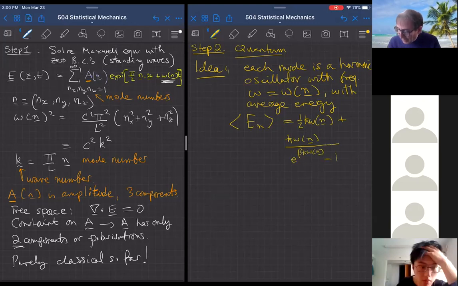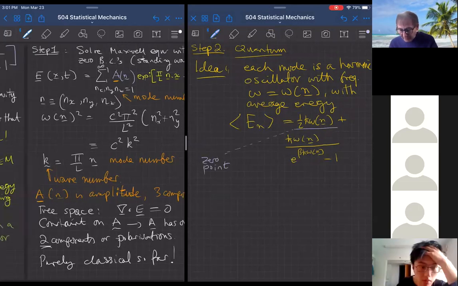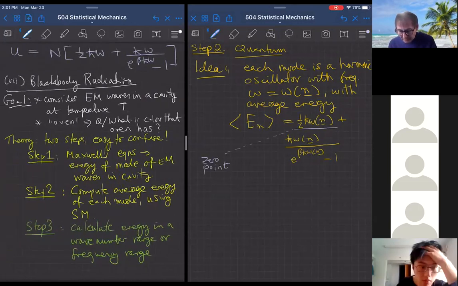So where does that part come from? So this part is the 0-point energy.